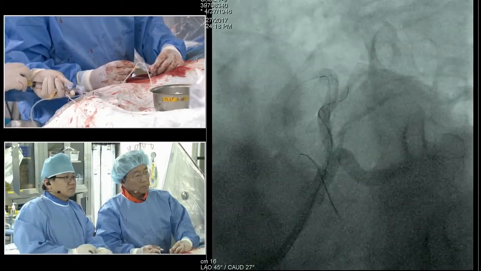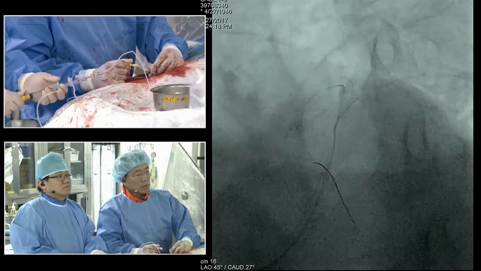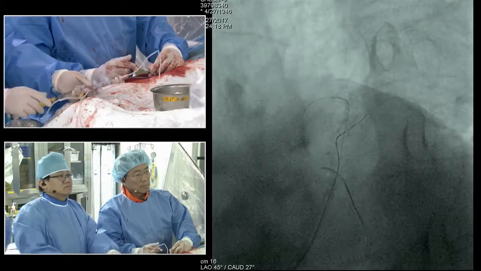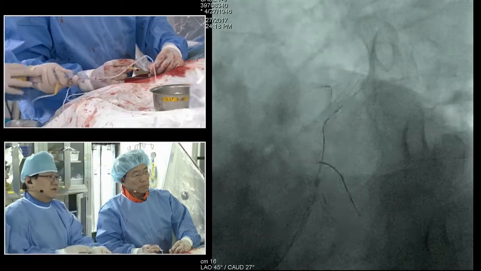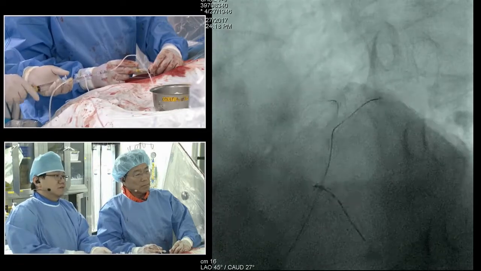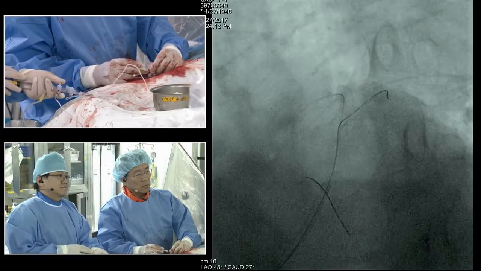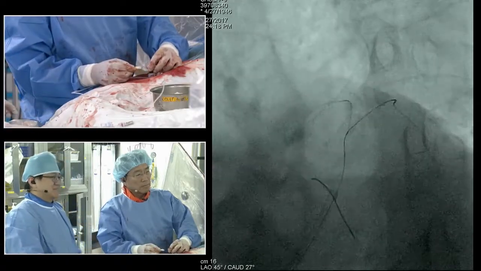Okay, I'm pushing through. It will take time. I don't want to push too much. Okay. Good. A little further. Okay. Good. It's just like a CTO. So we're going to wait for a while.